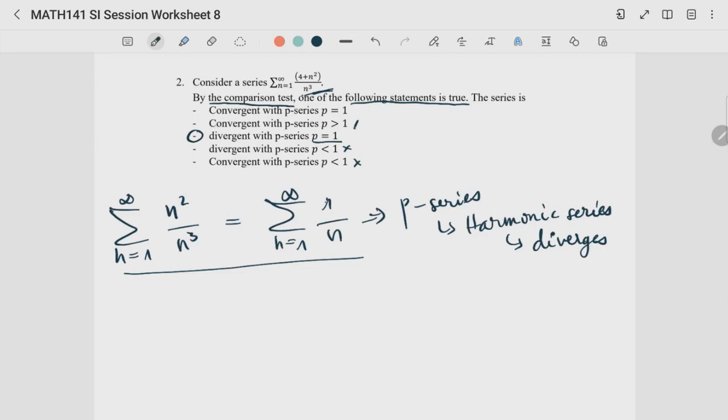All the other ones are eliminated. Okay, if you think about it a little bit more, it might make more sense. You just revise the concept of the comparison test, and this should make more sense to you.